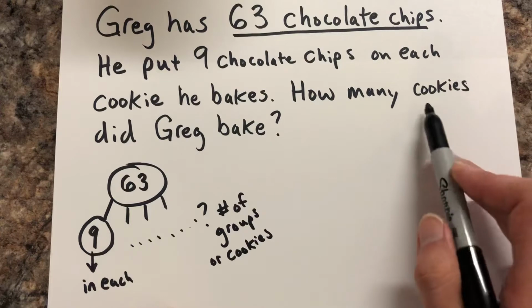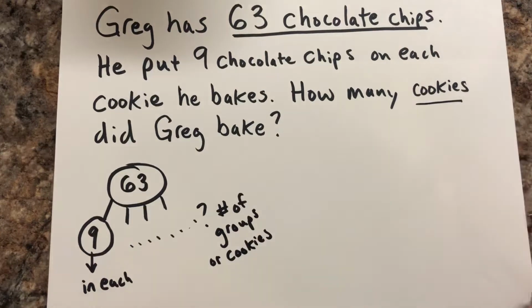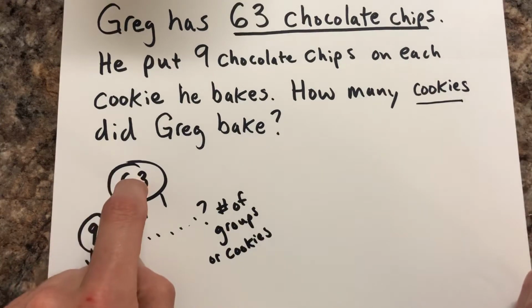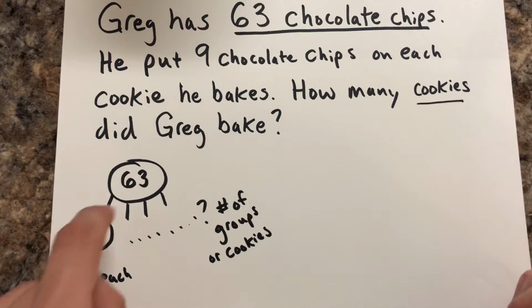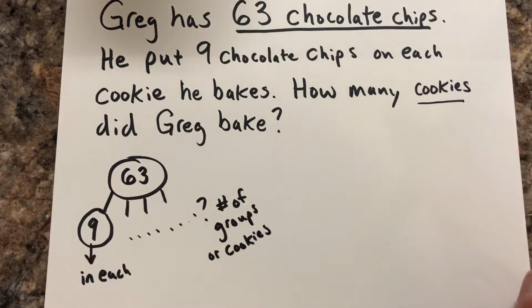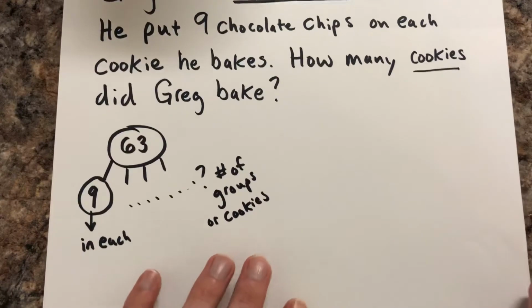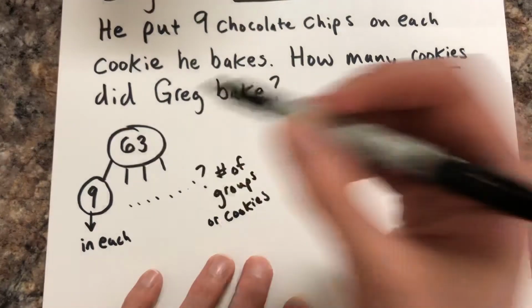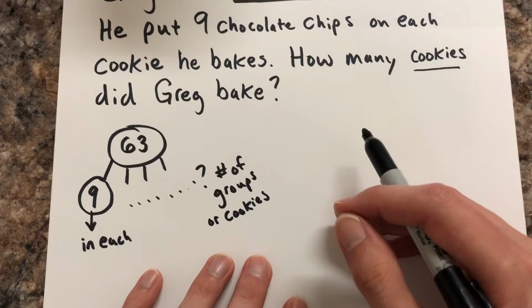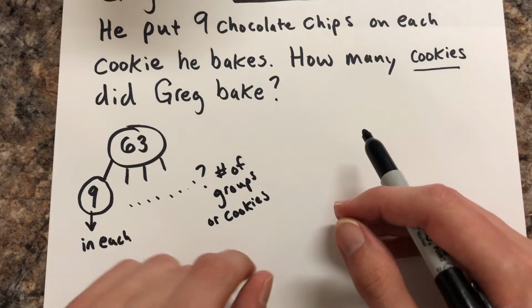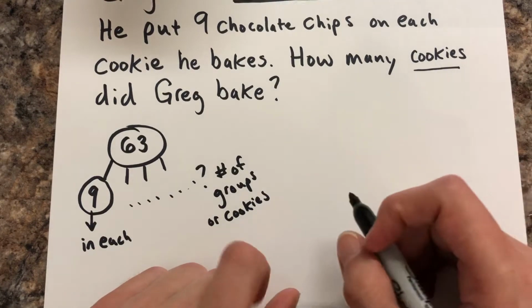That's my groups. So we got 63 chocolate chips. I put 9 on the first cookie, 9 on the second cookie, and so on. And I want to know how many cookies I'm going to have in all. Okay, so that's one way to set this up. And now the question becomes, well, how many cookies can I make?